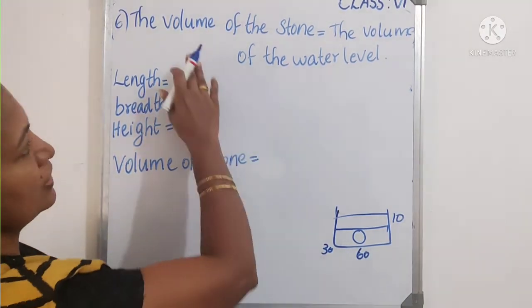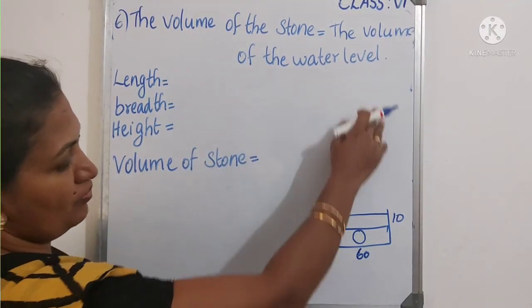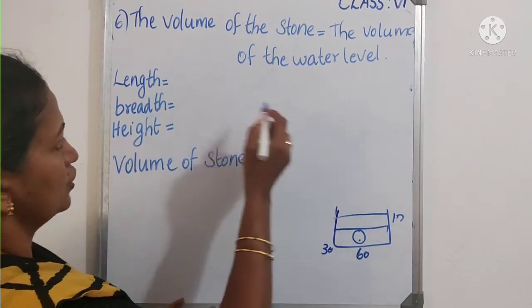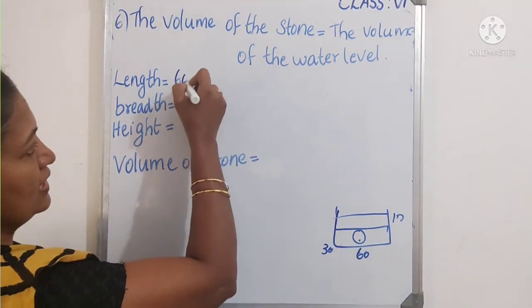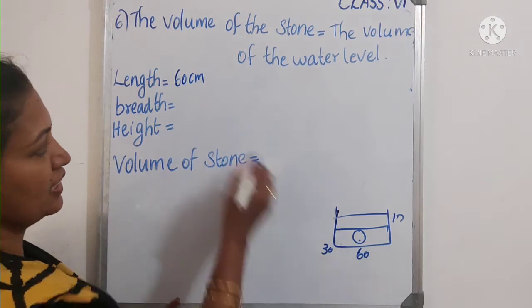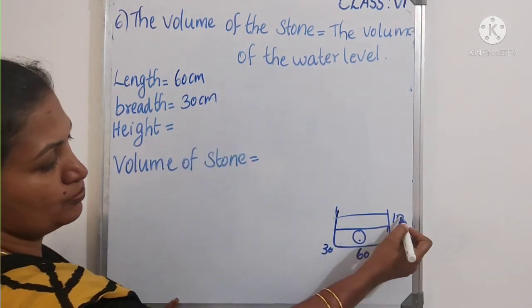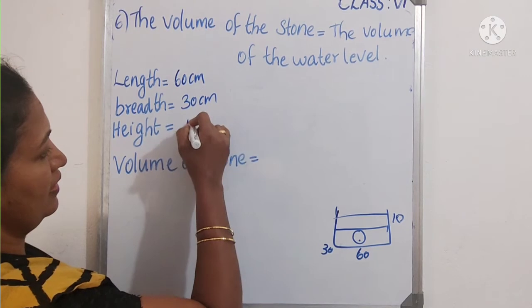The volume of the stone is equal to the volume of the water level rise. So first, length is equal to 60 centimeter, breadth is equal to 30 centimeter and height is equal to 10 centimeter.